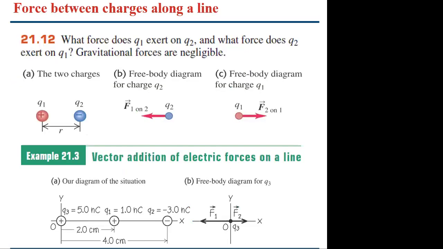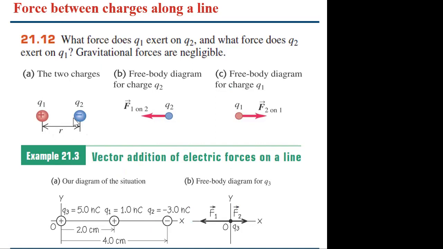Good. Let's take an example. What force does Q1 exert on Q2? And what force does Q2 exert on Q1? Gravitational forces are negligible. In the first case, we have two charges. Are they the same sign or different sign?